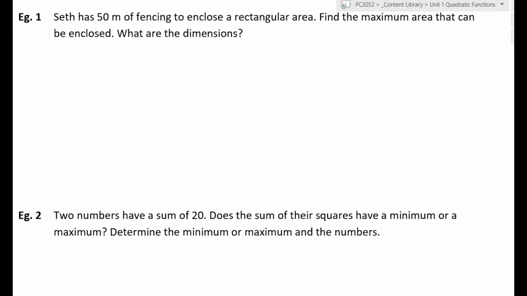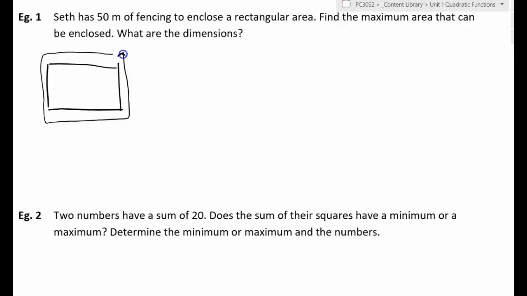So let's give this a shot for example 1. Seth has 50 meters of fencing to enclose a rectangular area. Okay, so we've got a rectangle. The entire distance around needs to be 50 meters. What's the word that we use to describe traveling around a shape?